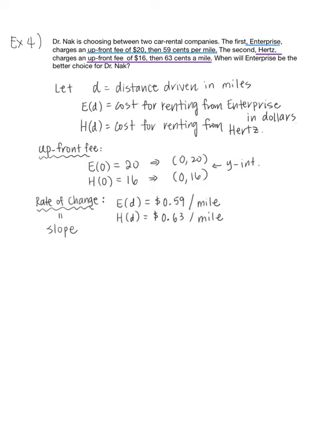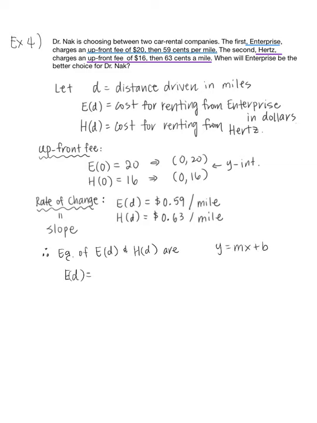Okay, now we've got the slope and we've got the y-intercept, so we can bust out the slope-intercept form. All right, so let's do that. Therefore, the equations of E of D and H of D are denoted by E of D equals, remember this form, y equals mx plus b.